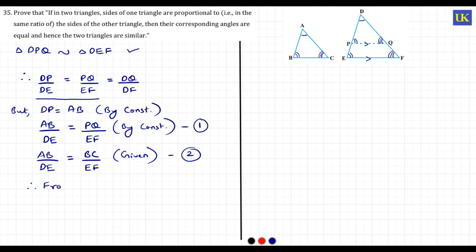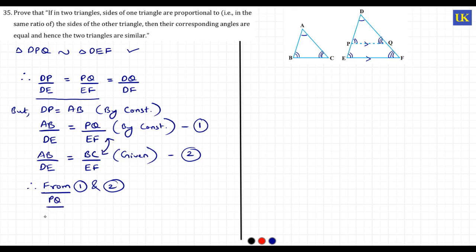And from 1 and 2, we can say that if AB upon dE is equal to this, and the same AB upon dE is equal to this, then these two things should also be equal to each other. That is what I will be writing.